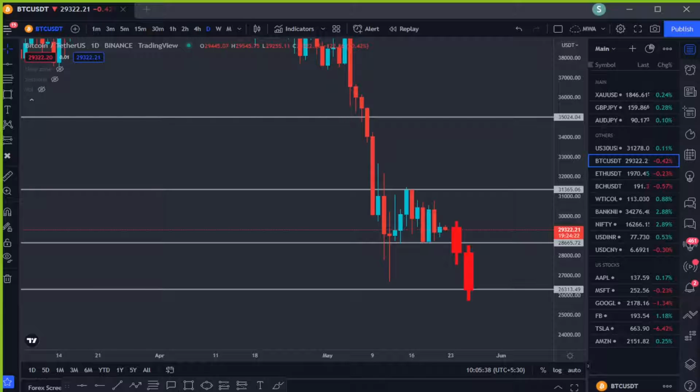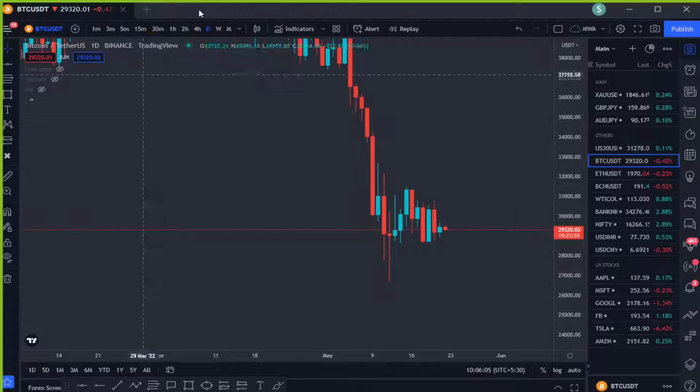If that doesn't happen and price gives us a bullish closure above the resistance, then we are expecting the price to move to the next resistance level. So this is what we are going to expect depending upon how we get the daily closure. Right now we are pretty much in the range.